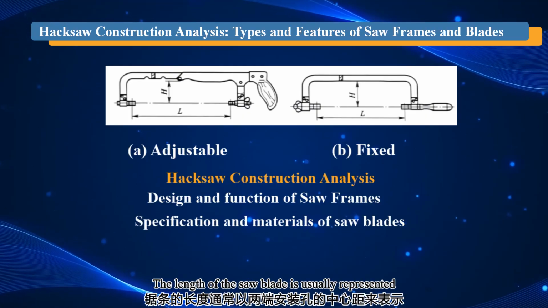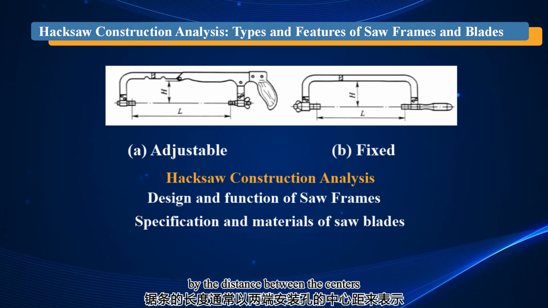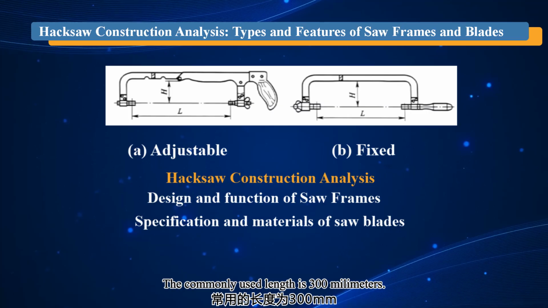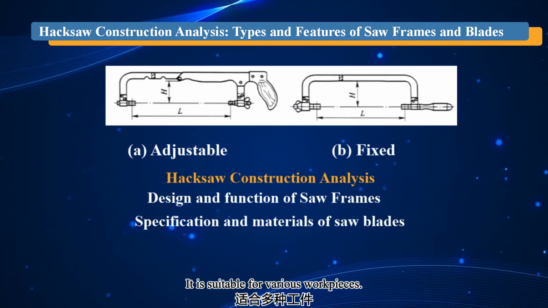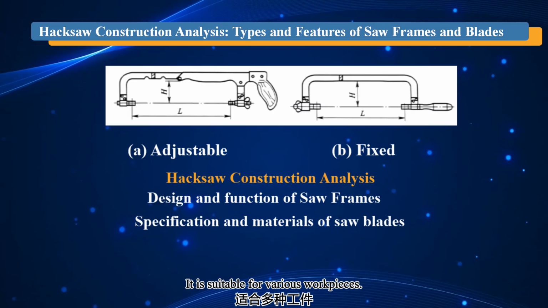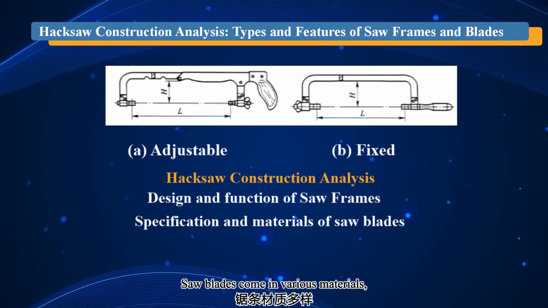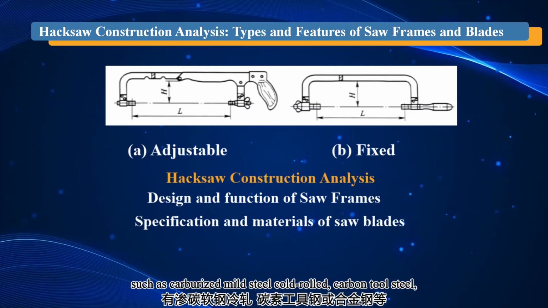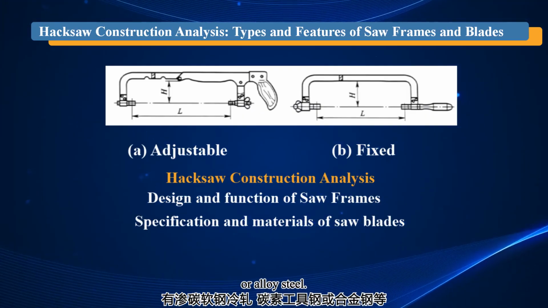The length of the saw blade is usually represented by the distance between the centers of the mounting holes at both ends. The commonly used length is 300 millimeters. It is suitable for various workpieces. Saw blades come in various materials, such as carburized mild steel, cold rolled, carbon tool steel, or alloy steel.